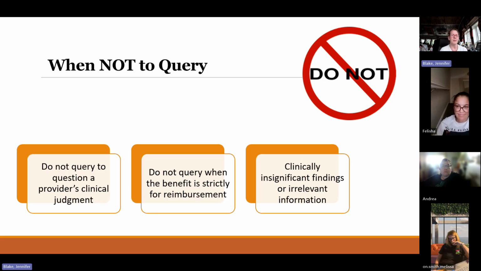We never want to do that. We never want to query if in our mind the benefit is strictly for reimbursement, right? And we never want to query if there's insignificant findings or for irrelevant information. So if we really don't need it to code, we're not going to query and bother the provider. We only want to query when it's absolutely necessary.